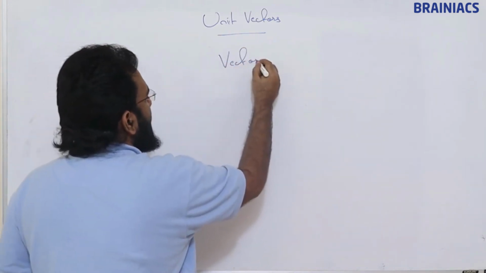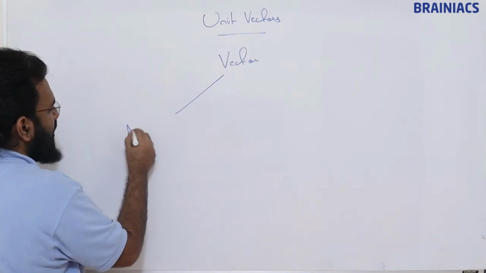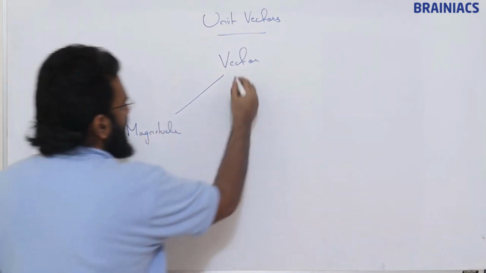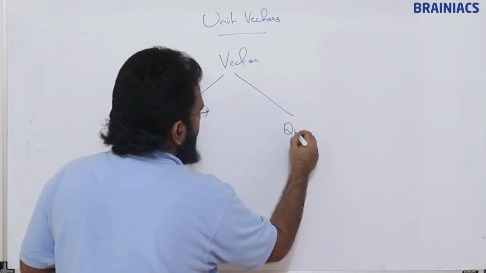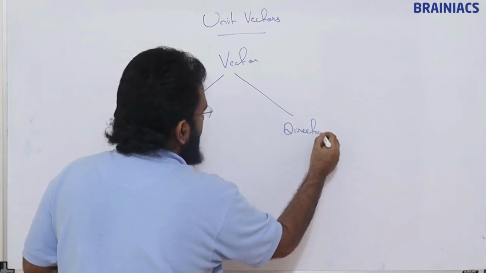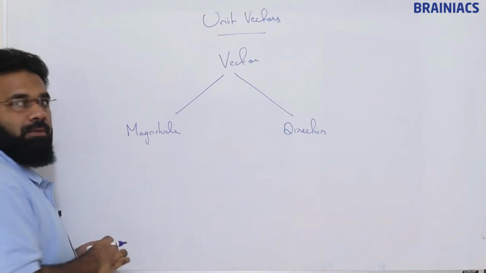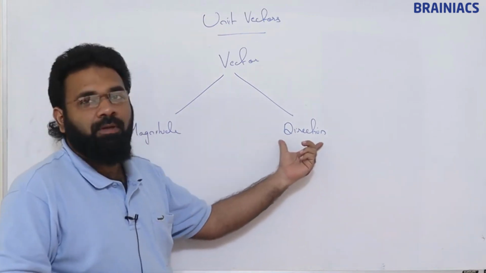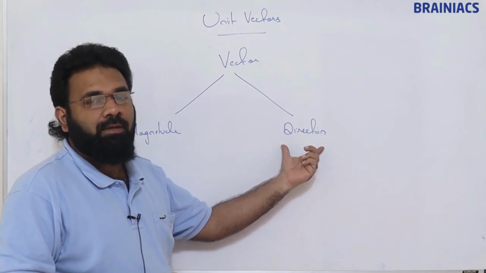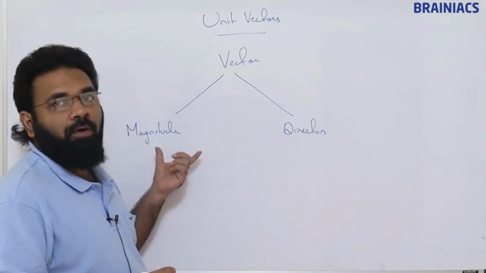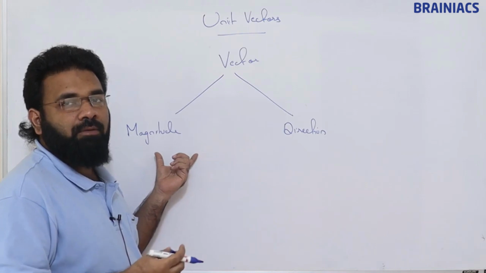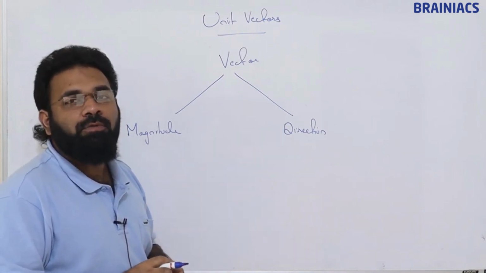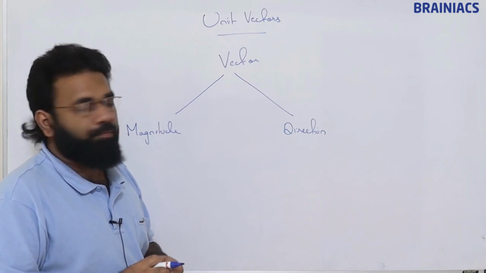A vector has magnitude and direction also; the direction is associated with it. Sometimes we don't need to mention the magnitude, we just need to mention the direction. That time we will have to use a unit vector.